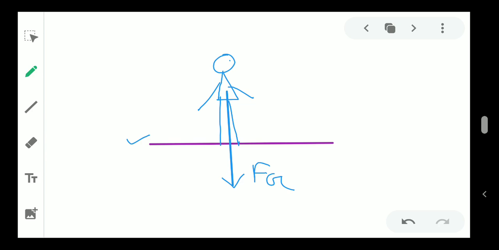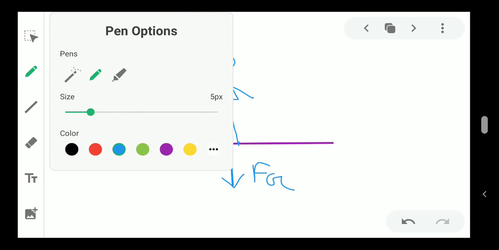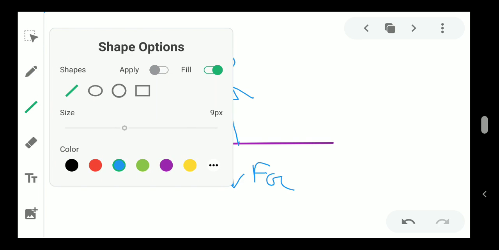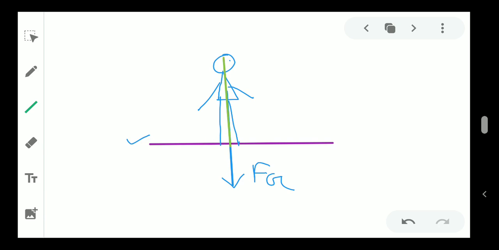So as this surface is getting impacted by the gravitational pull, it will also give some reaction force. So this reaction force will be upward, right? And that is called normal reaction.